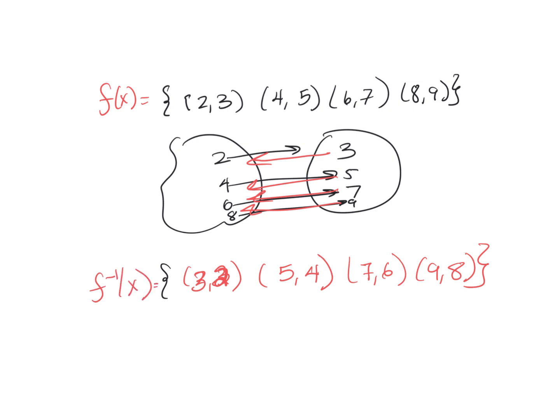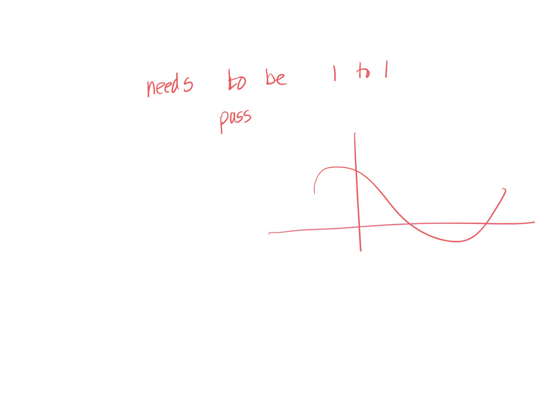Important things to note. If a function is going to have a well-defined inverse, then it needs to be one-to-one, which essentially means it has to pass both a vertical line test and a horizontal line test.